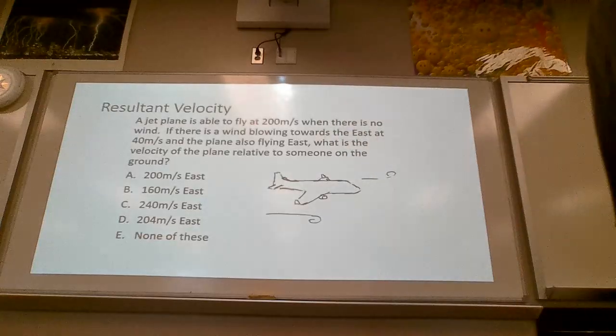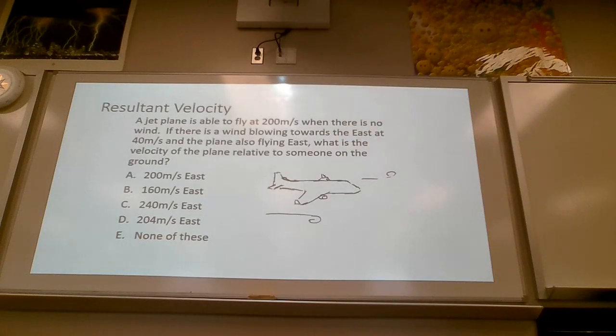So your combined, your resultant velocity, compared to someone sitting in a chair on the side, you're flying. Whoa! But you're just walking normal, on a moving walkway. Does that make sense? Okay.